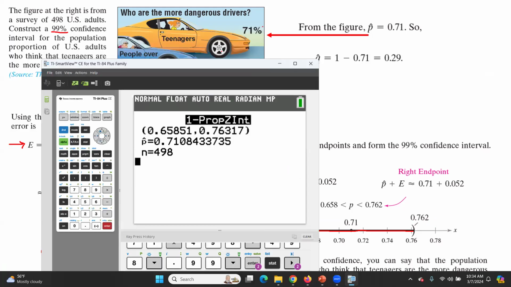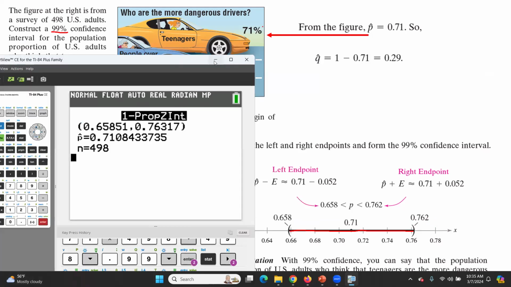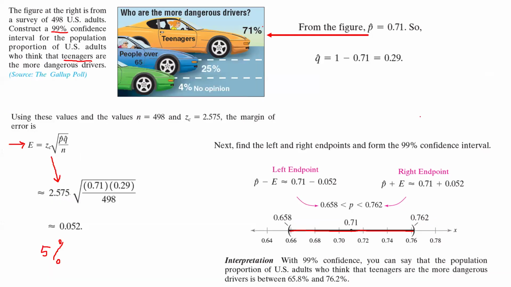But again, remember that in this scenario, we didn't have the actual X value. To find the actual X value, you have to do a little bit of algebra, everyone. So let me minimize this so you can see the full slide here with the interpretation and everything.